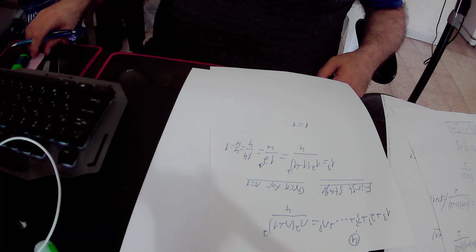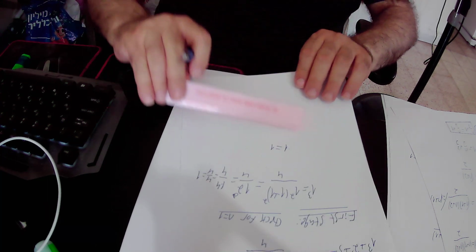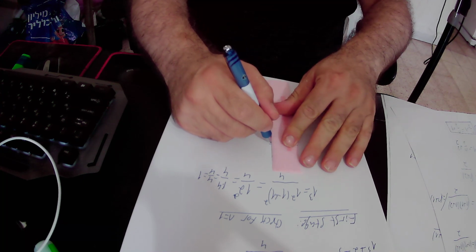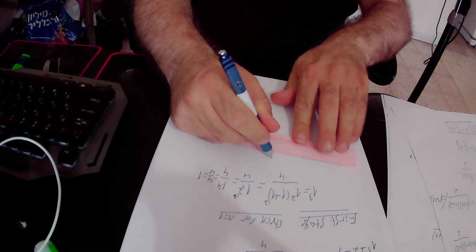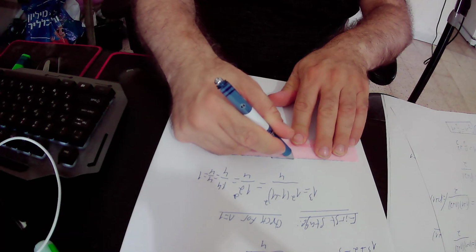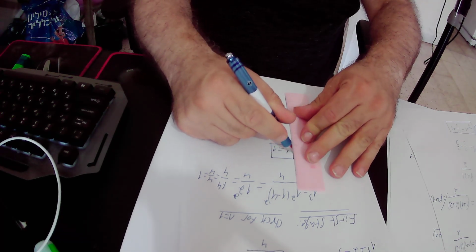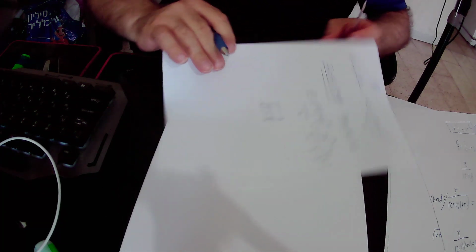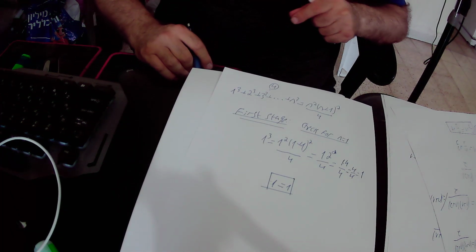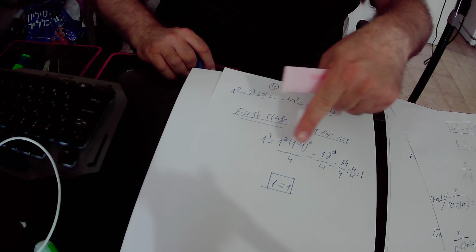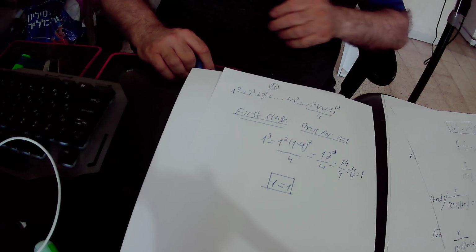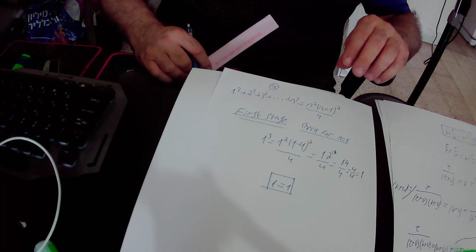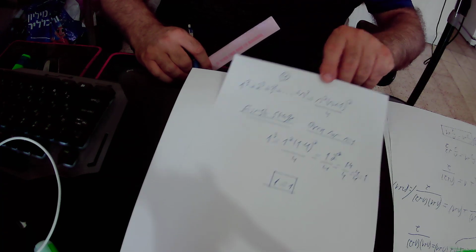So we actually passed the first stage. We verified that the statement is true for n equals 1, because we have here an identity. Okay, so now we can proceed to the second stage.